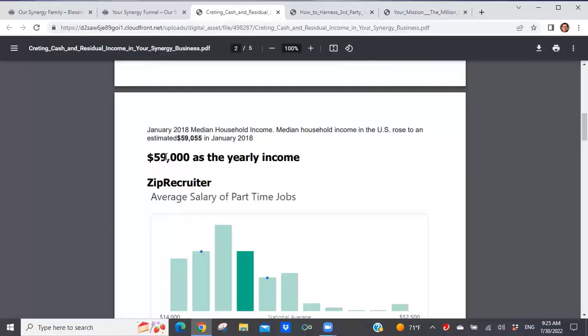Now in 2022, yearly income is most likely closer to 69,000 for the average household family. But the average household family most likely has one main job, and maybe people are working other part-time jobs to make things work.